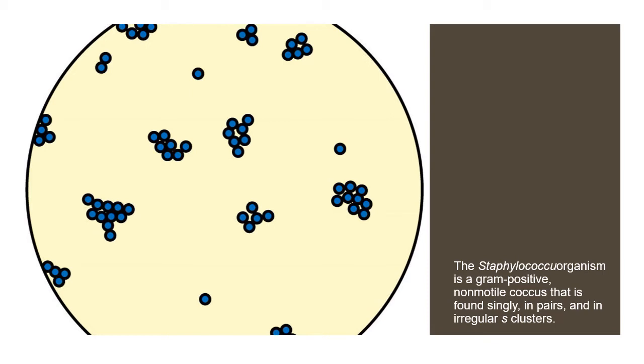Staphylococcus aureus can be a community-acquired or hospital-acquired organism. It's a gram-positive non-motile coccus, which just means round, and it's found singly or in pairs, and in irregular clusters. They almost look like a cluster of grapes.